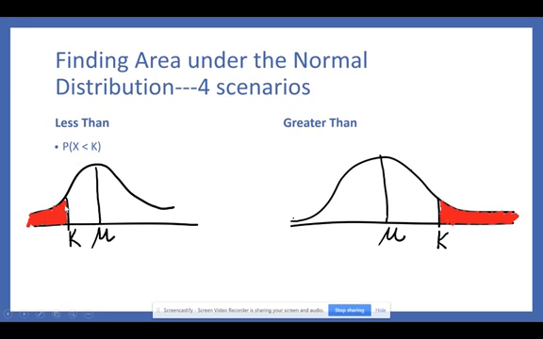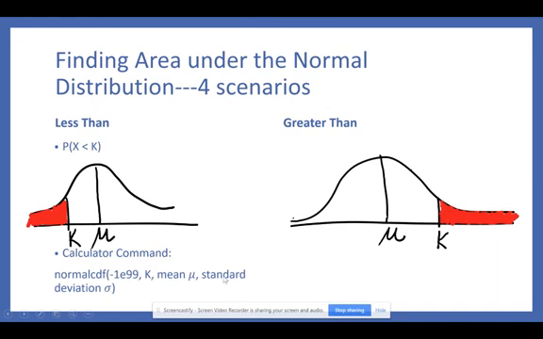Now, remember here that this is a continuous probability distribution, so this left-hand side continues on forever and ever to what we would call negative infinity. Now, it's going to show here on the screen, but I'm going to show you the keystrokes a little later. In the calculator command, then, to get this red region, which is what we're looking for, we would go from negative infinity to our value of K, and give it the mean as well as the standard deviation. That's typically the format. You always give it the lowest value first, followed by the highest value, the mean, and the standard deviation.